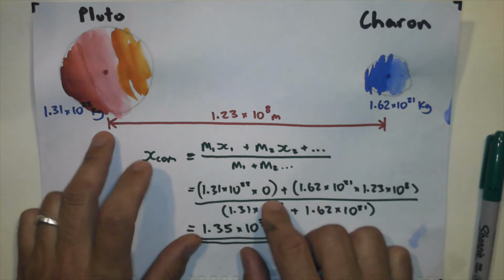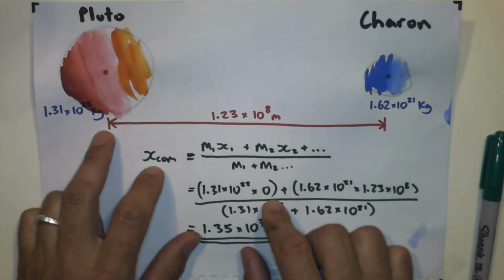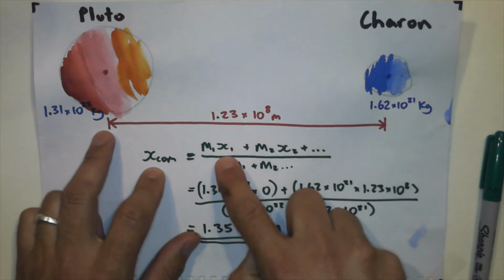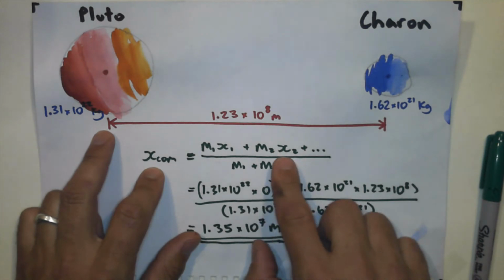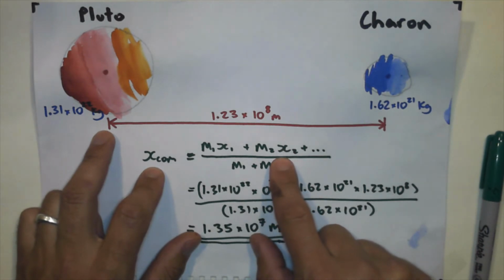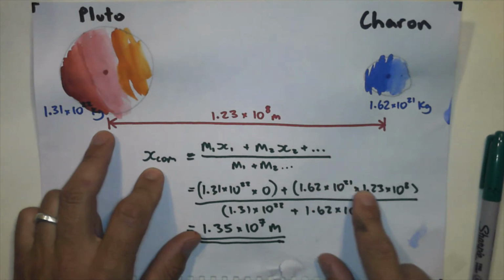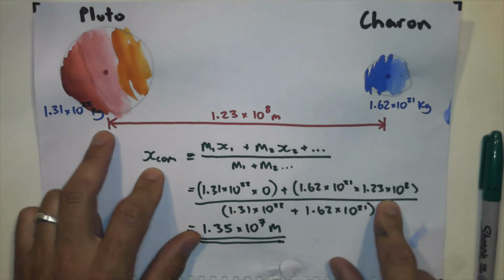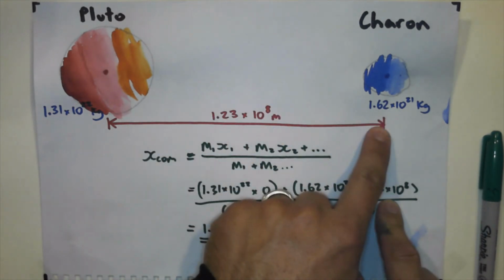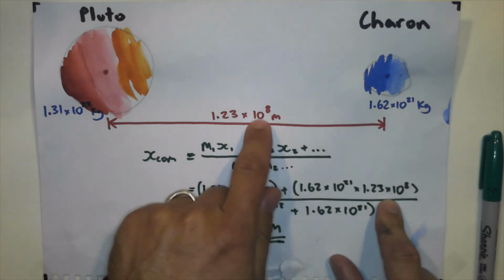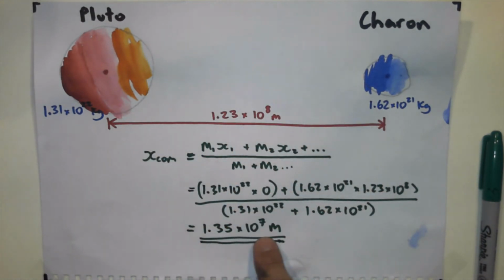Here I'm looking at how far the center of mass is from object 1, Pluto. When I'm working out the distance to object 2, x2, I put in the distance between object 1, Pluto, and Charon. And when I've calculated it, this is the answer I get.